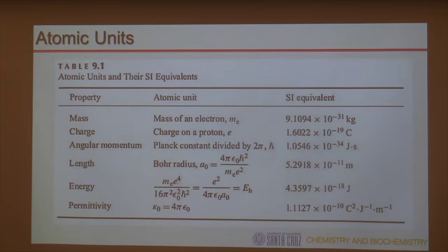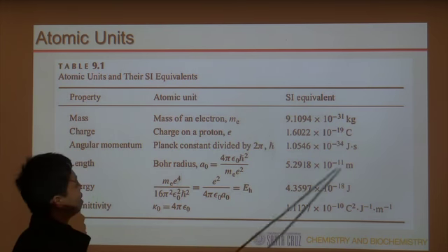It's quite straightforward if you understand the concept. First, I want to mention the atomic units. In this chapter and in chapter 10, when we ask you to write a Schrödinger equation, usually we will ask you to express it in atomic units in order to simplify your expression. In our textbook, table 9.1 gives you the atomic units and their corresponding SI units.